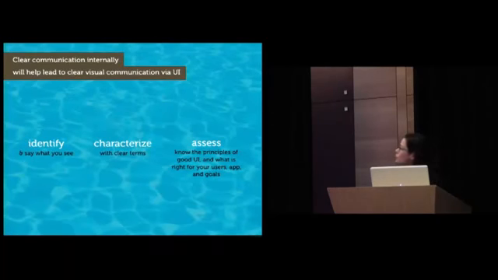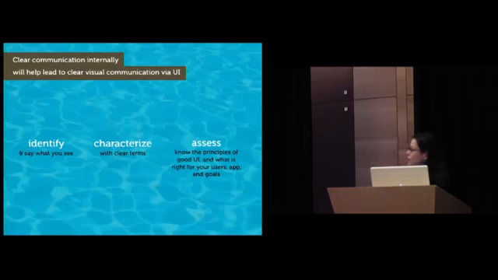So we want to use clear communication. When we use clear communication in our teams, we can start to get to that shared pool. And when we can talk about things in a clear way, it'll help us be clearer in the decisions that we make in our interface designs.